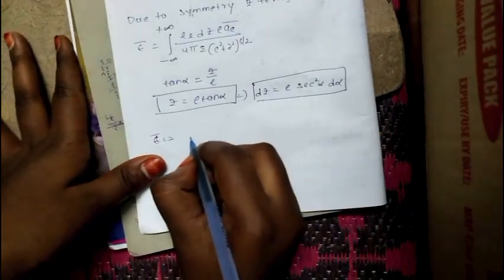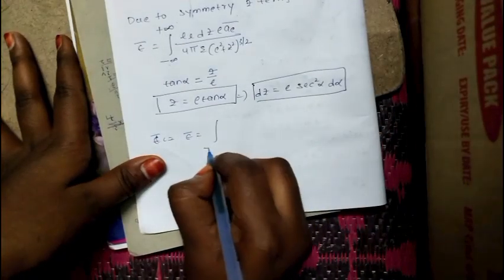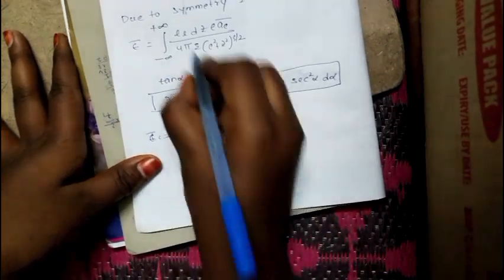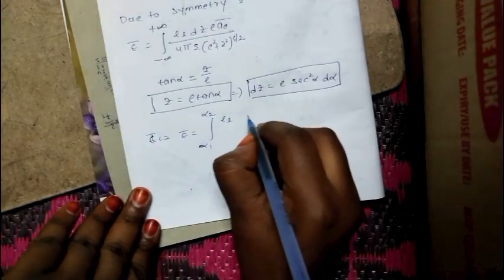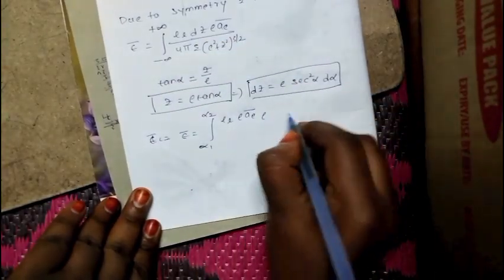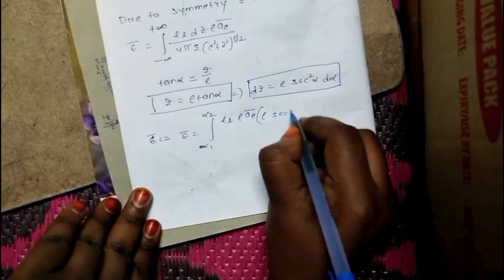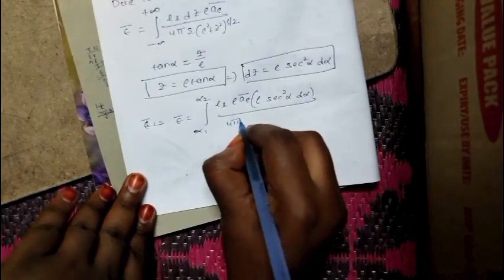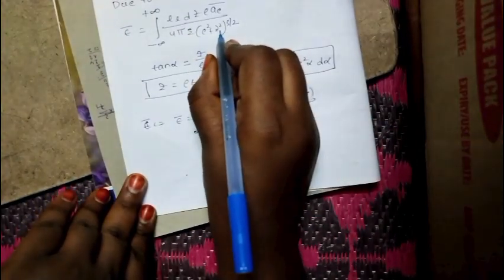E bar is equal to the integral from alpha 1 to alpha 2. We have to substitute this: rho L a rho bar dz, where dz is rho secant square alpha d alpha, by 4 pi epsilon times rho square plus z square.